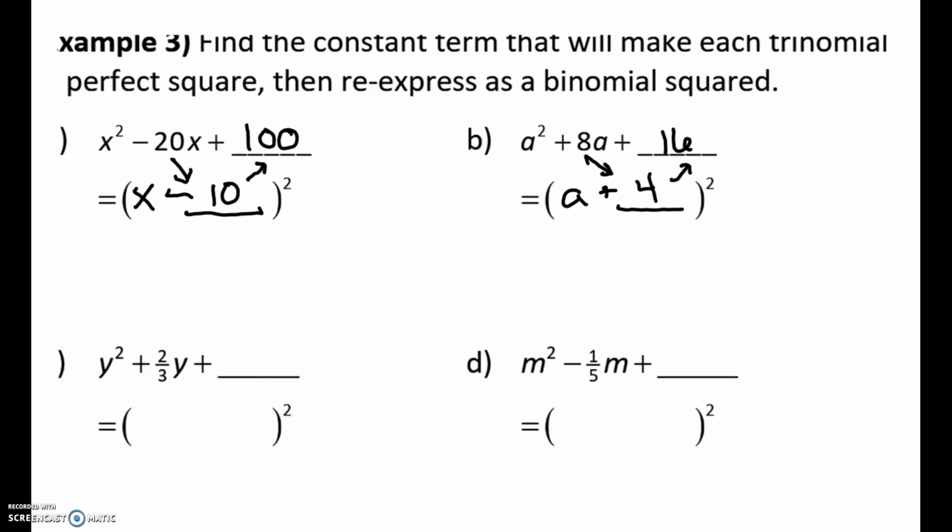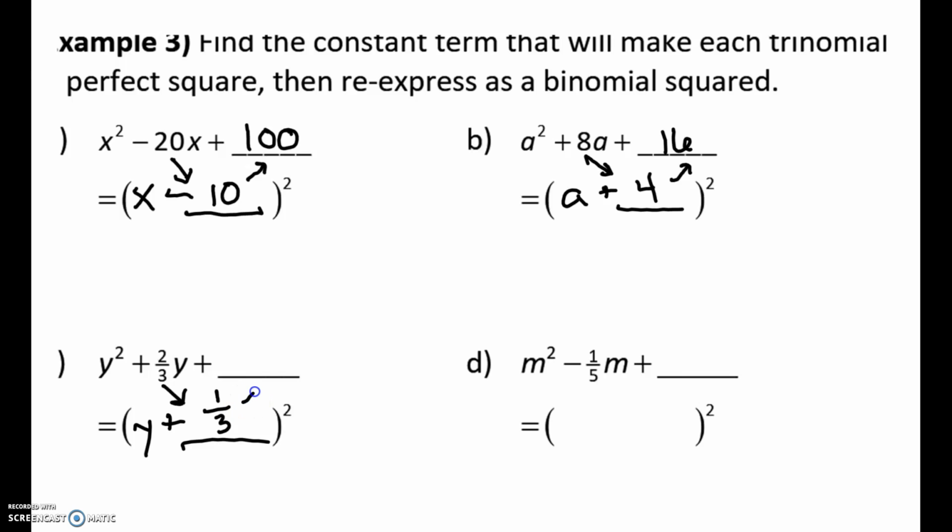For example, if we have y squared plus 2/3 y, I can do the exact same thing. I do y, I need a blank here. I do half of this number in this block. Well, half of 2/3 is just 1/3, because 2/3 divided by 2 is 1/3.